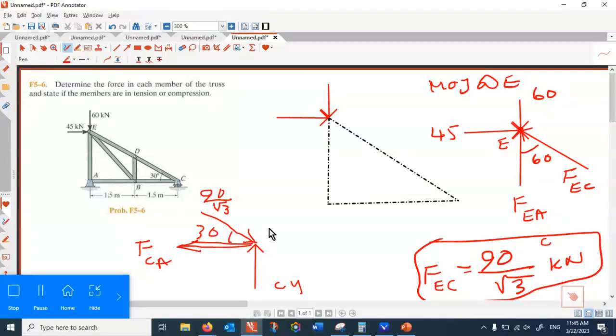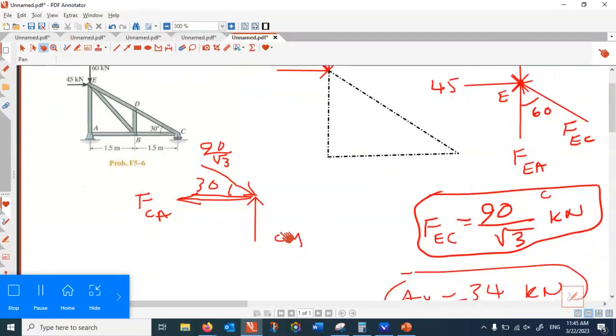So FCA, CY. Two unknowns, this is solvable. So how can I solve this? That is net forces horizontally equal to 0, that is FCA plus 90 over root 3 multiplied by cos 30.